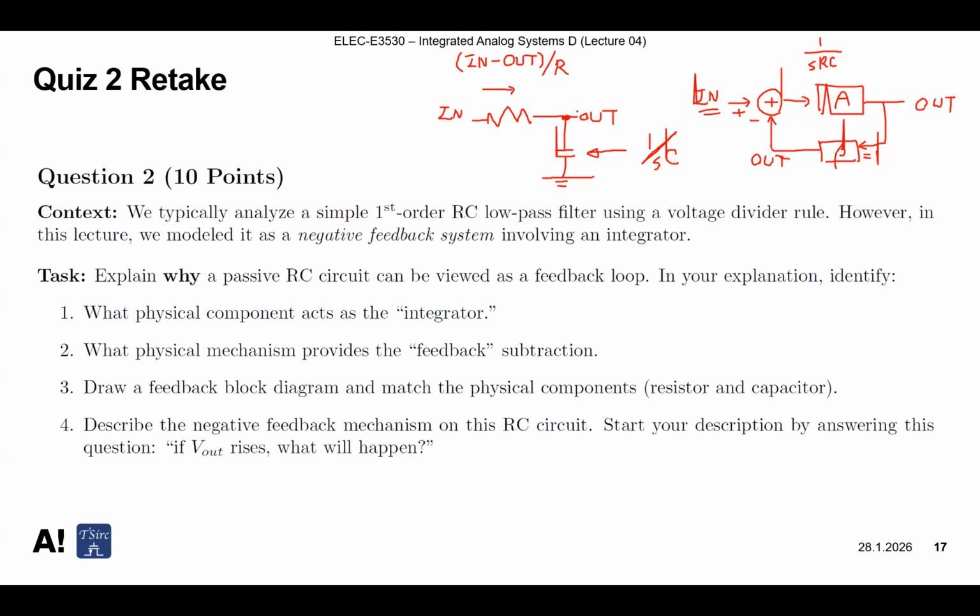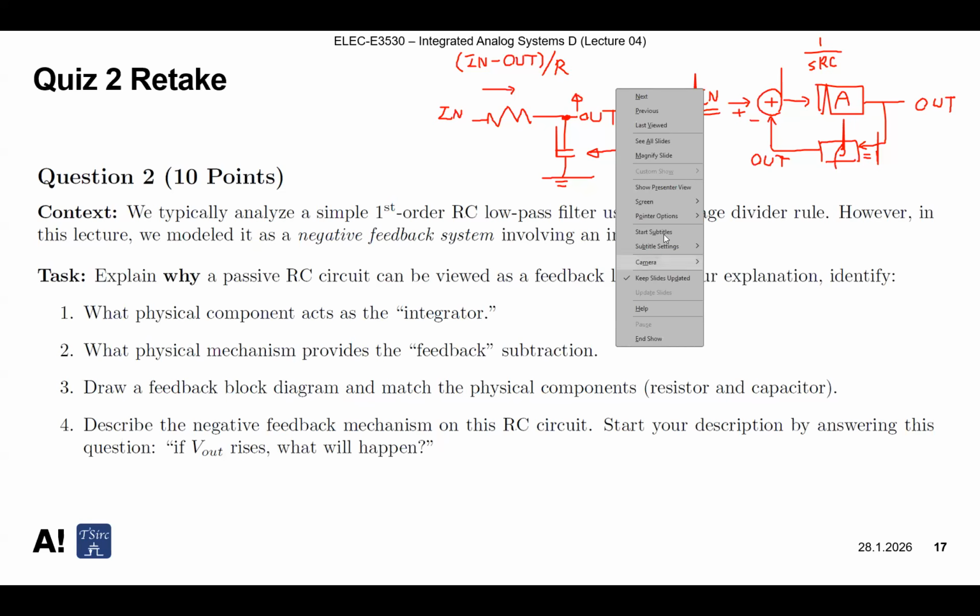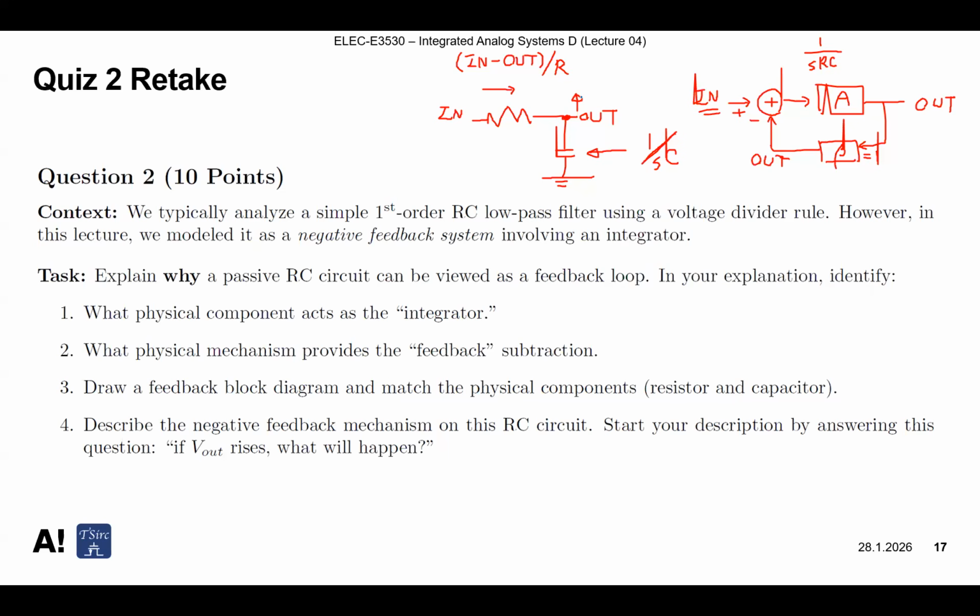So if Vout rises, then what will happen? Then the current going in this direction is decreased because we are subtracting input and output.